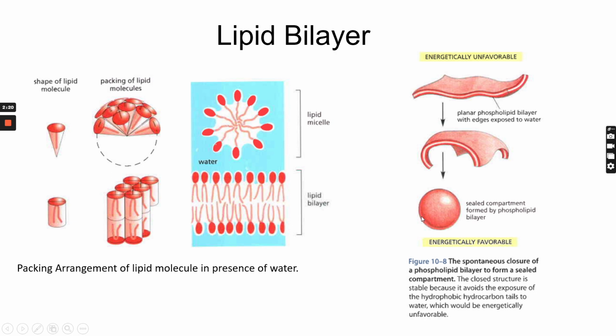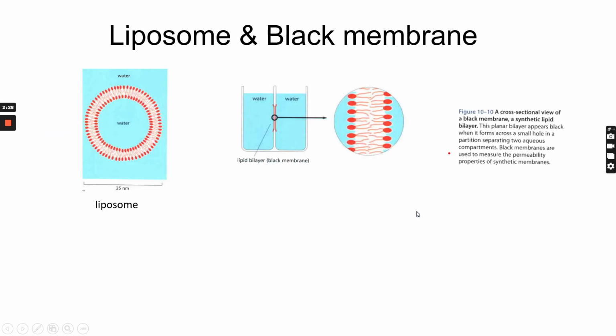In most cells we find that the structure is spherical, like a liposome. So let's start with liposome and black membrane. The understanding of the lipid bilayer is done artificially outside the cell.